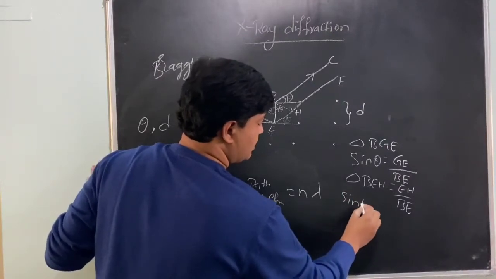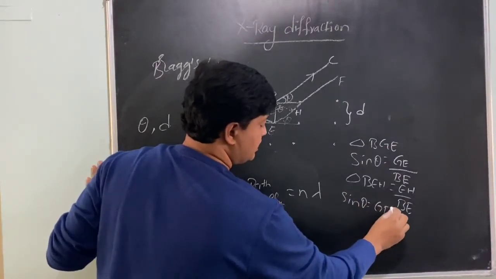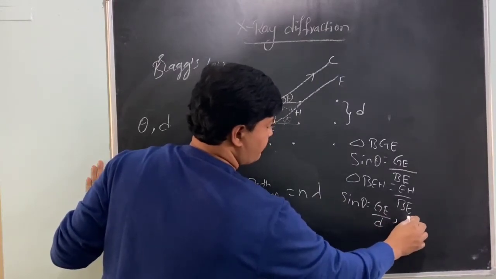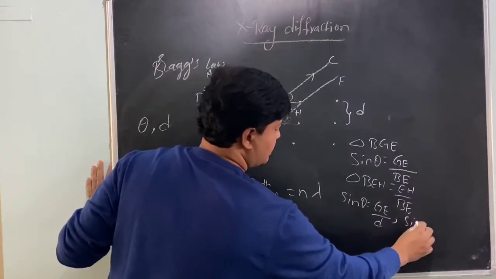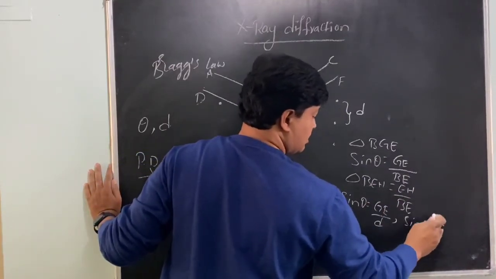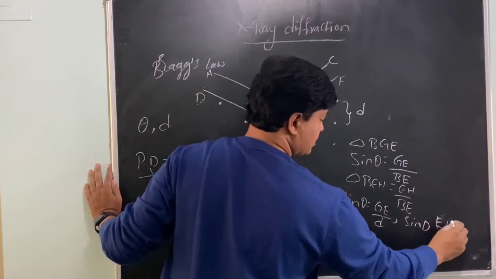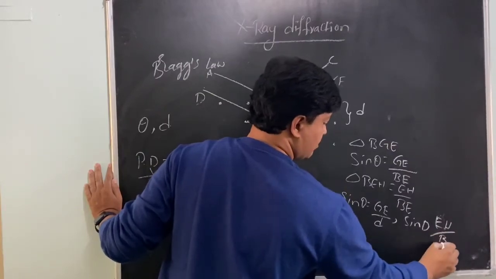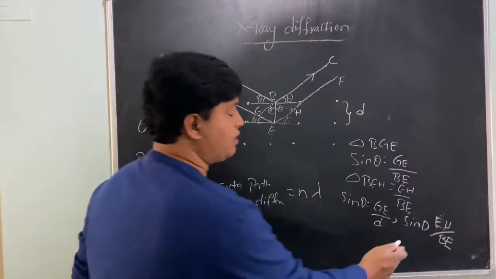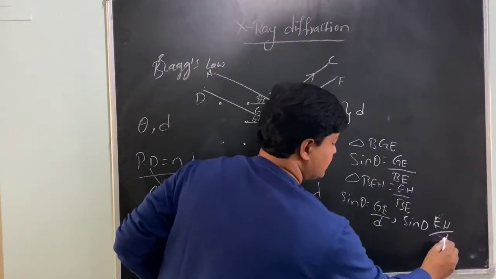So sin theta is equal to GE by d, and in triangle BEH, sin theta is equal to EH by BE, or you can say EH by d.